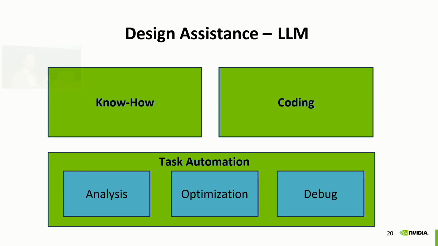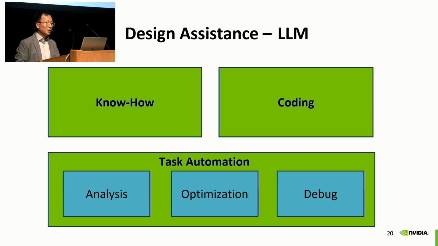So as I pointed out earlier, LLM applications for chip design are in the form of systems. If we take all the applications shown in the previous slides and put them into 3 buckets, these 3 buckets are know-how assistance, coding assistance, and task automation assistance.